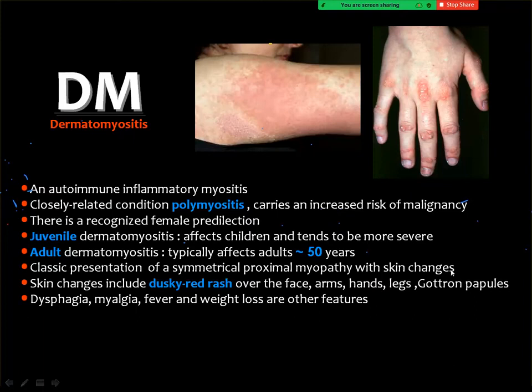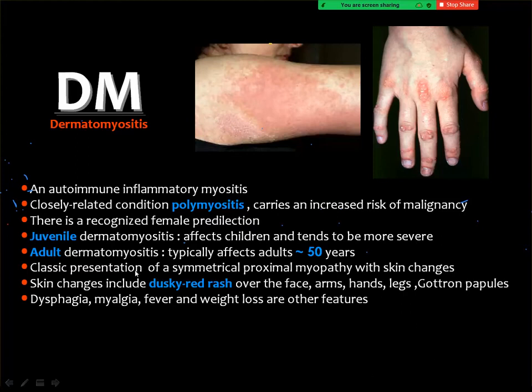Dermatomyositis is an autoimmune inflammatory myositis, and it has a risk of malignancy. There is a recognized female predilection, with two types, the juvenile type and the adult type, which is seen in adults around the age of 50 years.